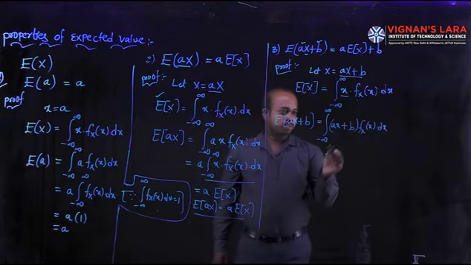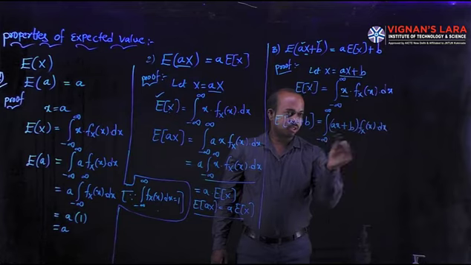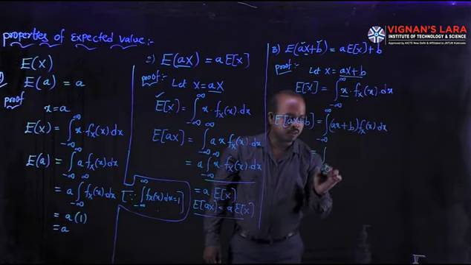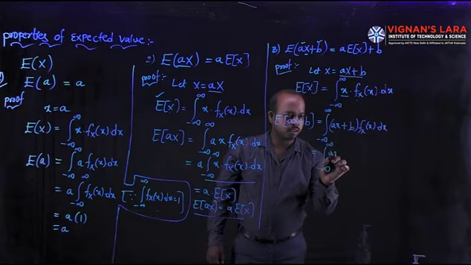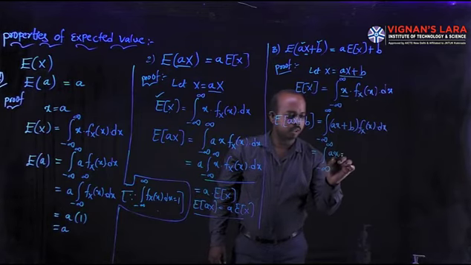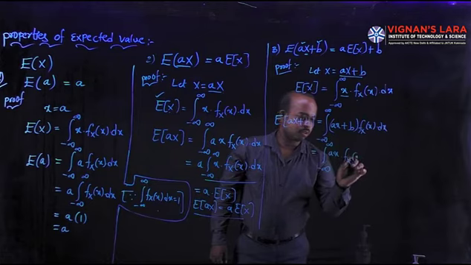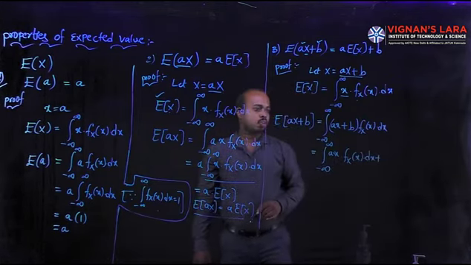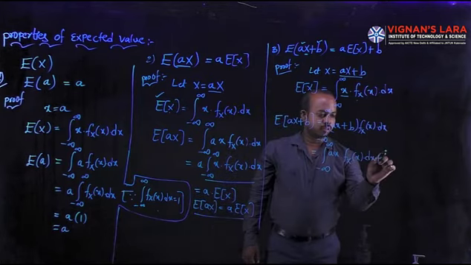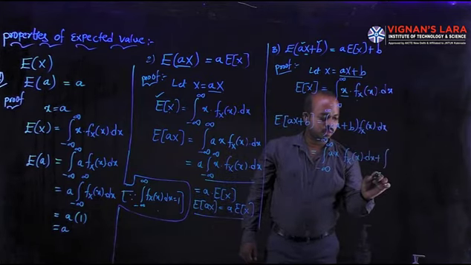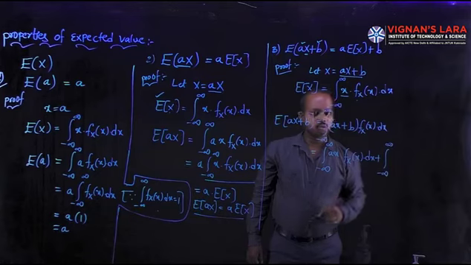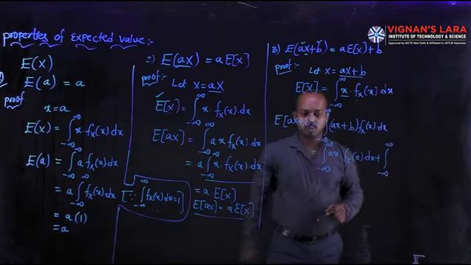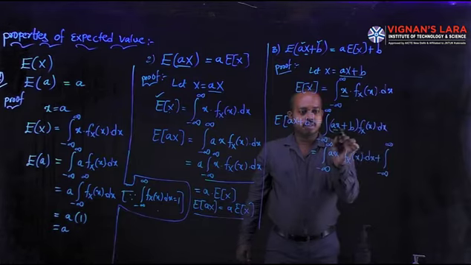Now you can split this integration for the summing terms. For the first term, I am writing integral minus infinity to plus infinity ax into fx of x into dx, plus the second quantity is b. For this one, you can take minus infinity to plus infinity, because the integration applies to both summation terms, ax and b.